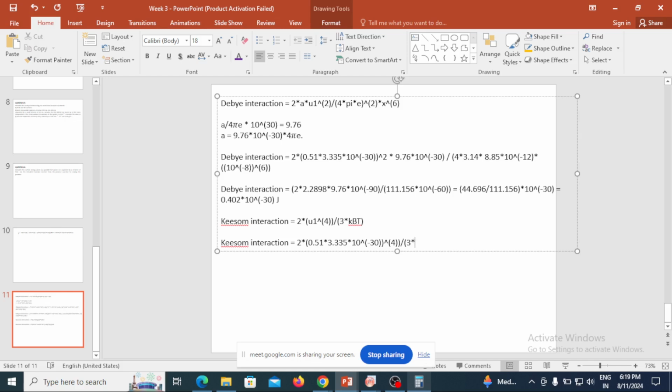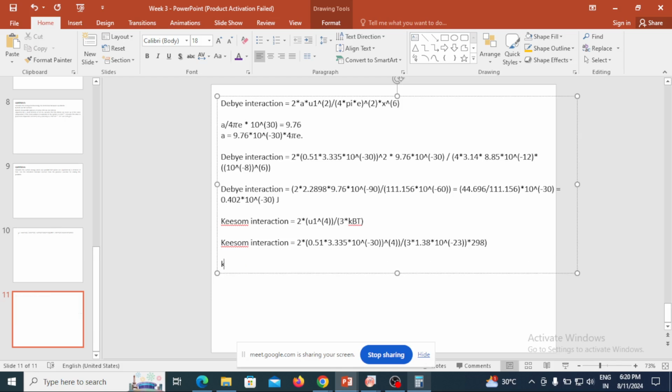What is the value of Boltzmann's constant? It is 1.38 times 10 power minus 23, right? Times T. Since T is not given in the question, let us assume it as 298 Kelvin and then solve.